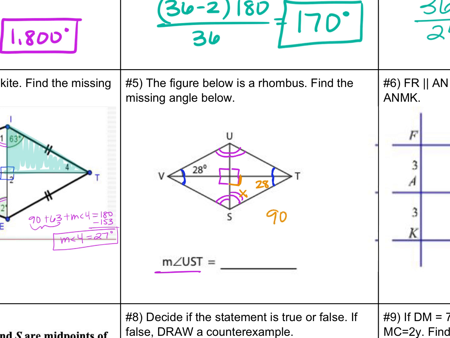So you're gonna say 90 plus 28 plus X makes a triangle. So take away 118 and you get that angle is 62 degrees. So this is 118.